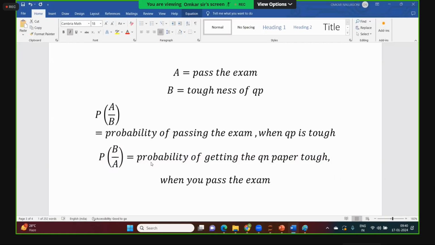B depends on A. That means A comes first, then B later. No, A comes first, then you are depending on A. The reverse of this is correct.